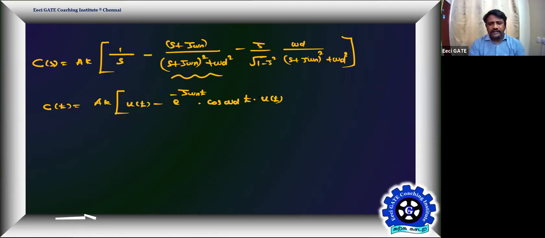Okay, fine. Minus this one, zeta by root of 1 minus zeta square. Is this form Laplace inverse of this? It is e power minus zeta omega n t into sine omega d t into u of t. Clear? Is it clear, everyone?